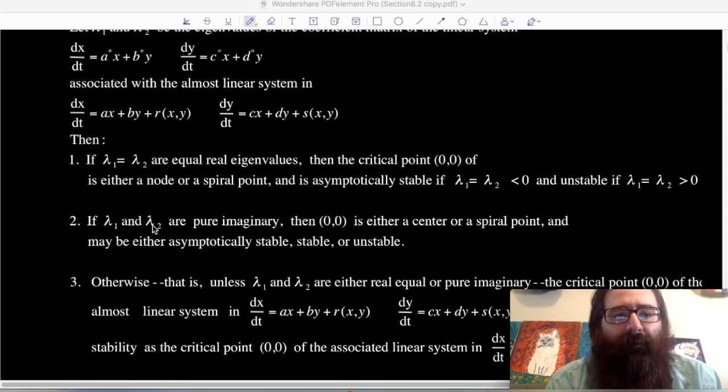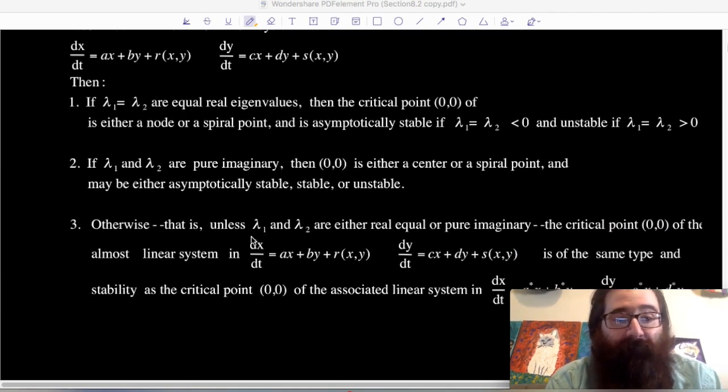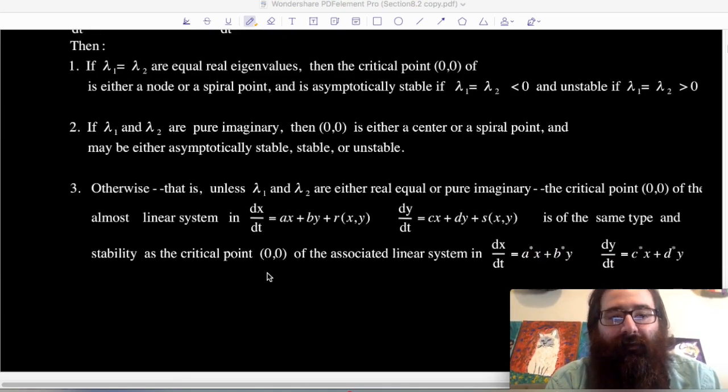We would say if lambda sub 1 and lambda sub 2 are pure imaginary, then (0, 0) is either a center or a spiral point, and may be asymptotically stable, stable, or unstable. And otherwise, that is, unless lambda sub 1 and lambda sub 2 are either real and equal, or pure imaginary, the critical point (0, 0) of the almost linear system is of the same type and stability as the critical point (0, 0) of the associated linear system that we gave earlier.